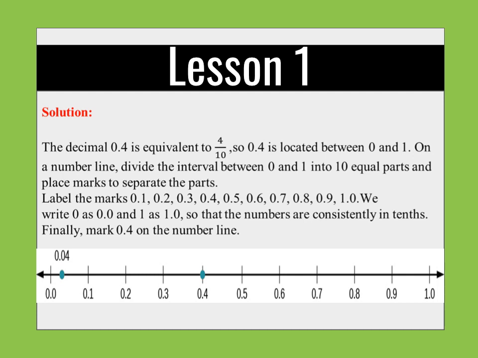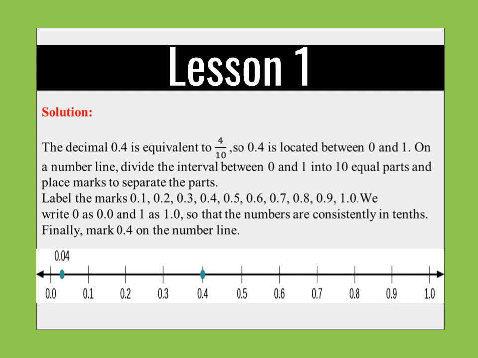The decimal 0.4 is equivalent to 4 over 10. So, 0.4 is located between 0 and 1. On a number line, divide the intervals between 0 and 1 into 10 equal parts and place marks to separate the parts.